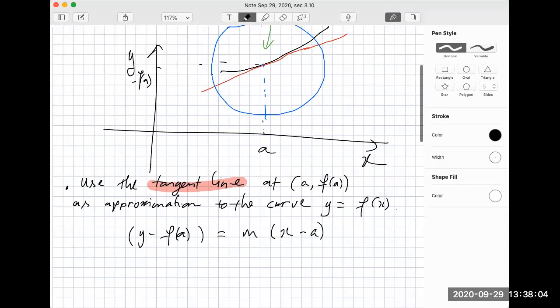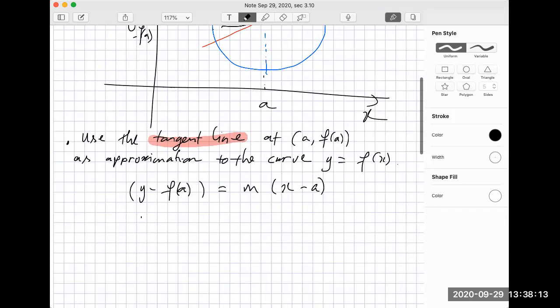And here, the slope at this point, we can use the derivative of this, right? So it will be y minus f(a) equal to f prime at a times x minus a, right?